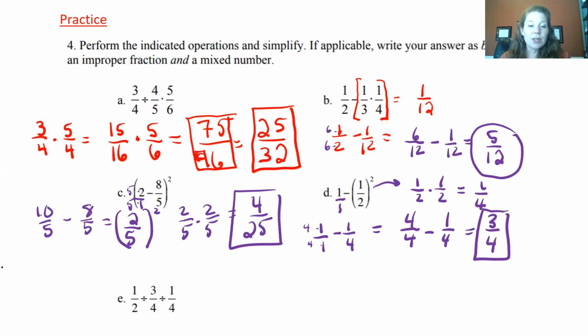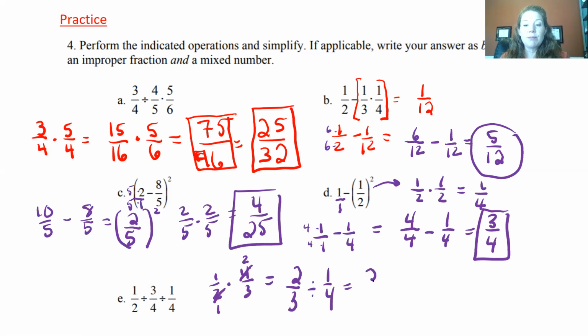Letter E, we're going to look at the first two, ignore the third one. We're going to keep it, change it, flip it, the first two. Our 2 is divided by 2, and our 4 is divided by 2. So here we have 2/3. So now we have 2/3 divided by 1/4.